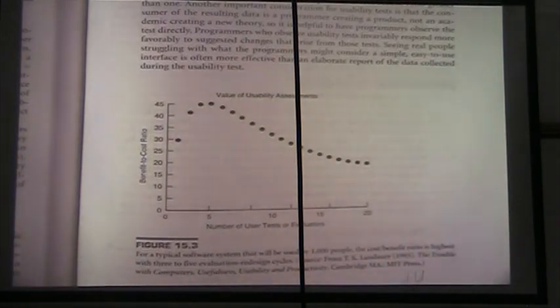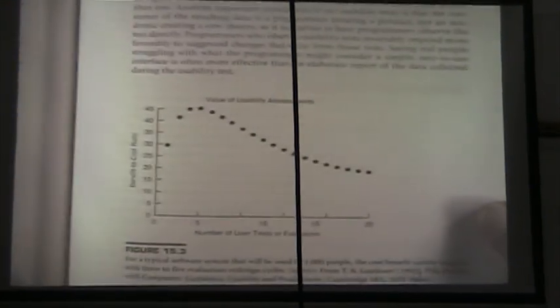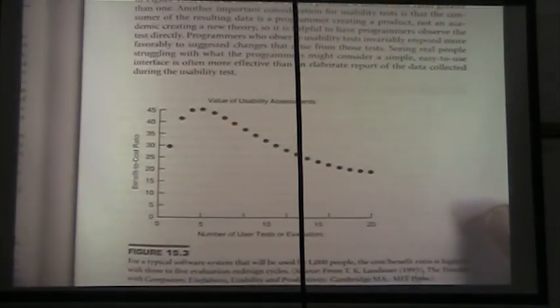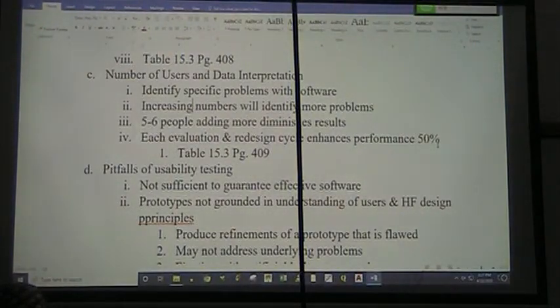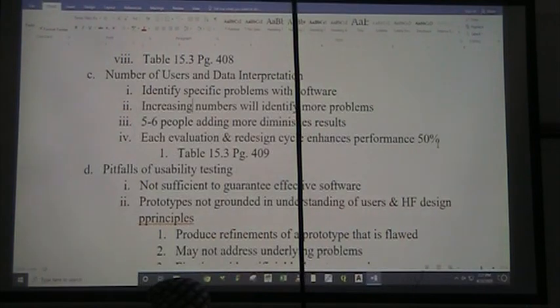So they're saying 5 user tests or evaluations is probably going to give us the best results. Now, if you're feeling like, boy, I'm still not sure that this has gone in the right direction, feel free to use more tests.